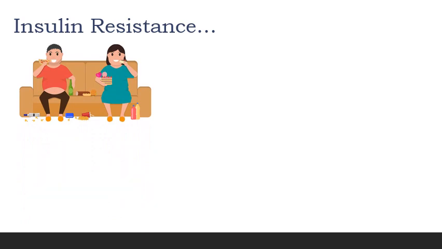Certain foods and drinks elicit a rapid and large glucose dump from the intestines into the bloodstream. Simultaneously, the pancreas releases insulin to facilitate the glucose from the bloodstream into the cells.